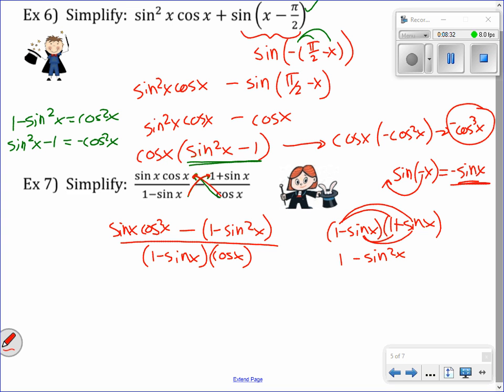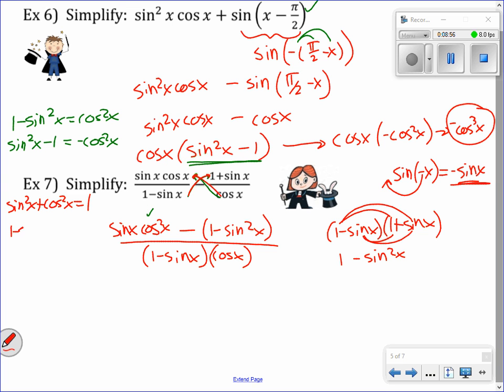So that piece, when I multiply it, is 1 minus sine squared. Okay, so at this point, I would change 1 minus sine squared because it's going to be some kind of cosine squared, and I see a cosine squared right there. So back to my Pythagorean identity. My Pythagorean identity says sine squared plus cosine squared equals 1.